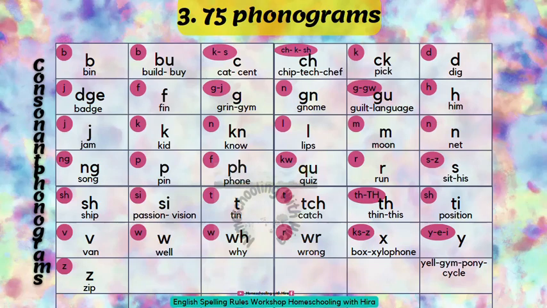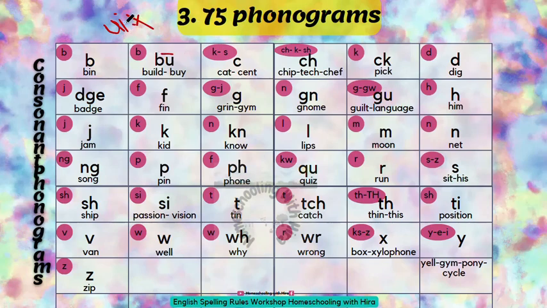Okay, now these are the consonant phonograms. So let's see how different consonant sounds are written. The first one is b. B can be written with a single b, and it can also be written with bu, as in build or buy. Some of you were asking me in the live session what is the sound of ui. Do not take it as ui, take it as bu.